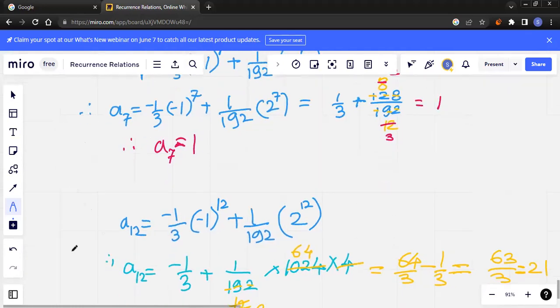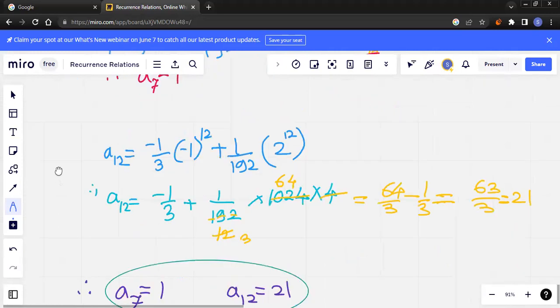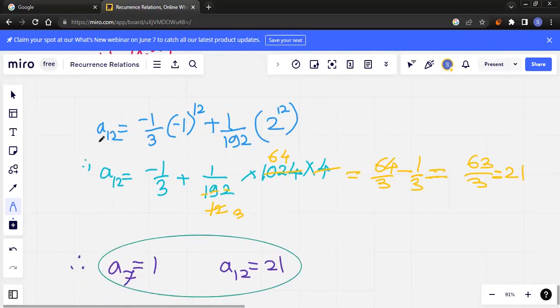And next, you are required to find out a_12. Again you put r equal to 12. So it is a_12 equal to minus 1/3 into minus 1 raised to 12 plus 1 upon 192 into 2 raised to 12. Now this is even power of negative, so it is plus. And plus into minus keeps it minus. Then it is 1 upon 192. 2 raised to 10 we know is 1024 and multiplied by 2 square, so that is 4.